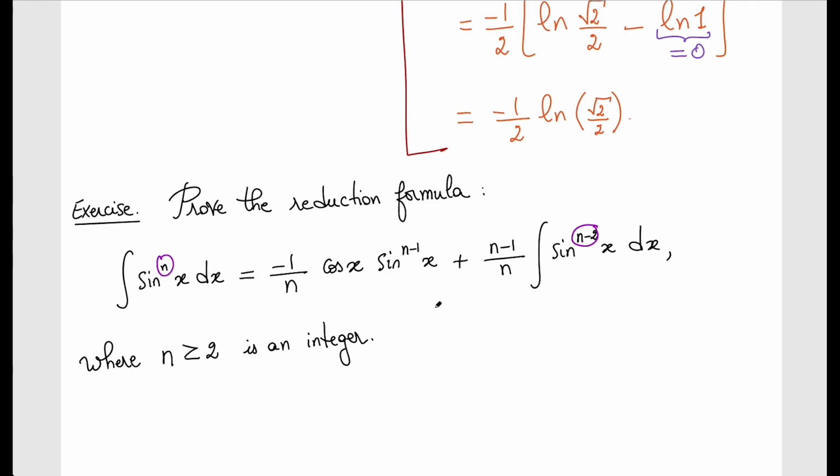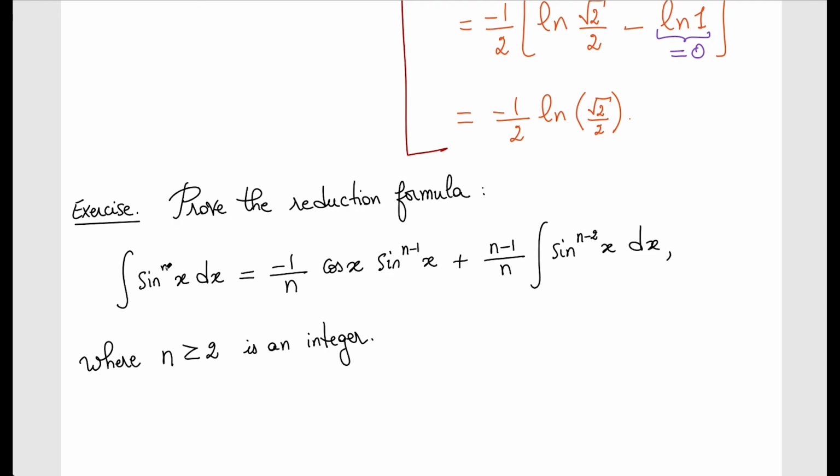This is useful because you can do repeated application of this formula, and whatever this number n is, as long as it's an integer that's 2 or more, let's say it's odd, eventually you can bring it down to primitive of sine to power 1 x, right, by doing repeated application.